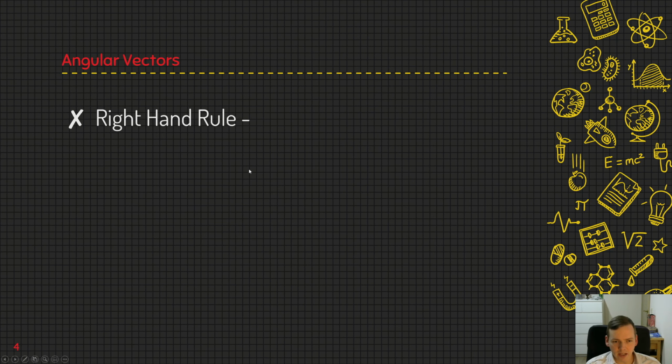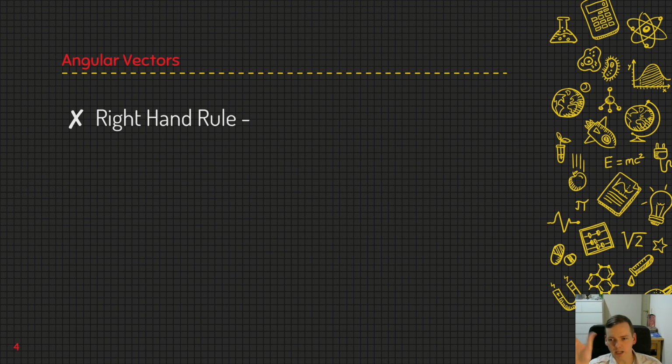So going forward, with angular vectors, we need to talk about something called the right-hand rule. The idea behind this is that for a spinning quantity, there's a vector associated with it. But if it's constantly changing direction, how do we give that a direction? And so we use what we call the right-hand rule.